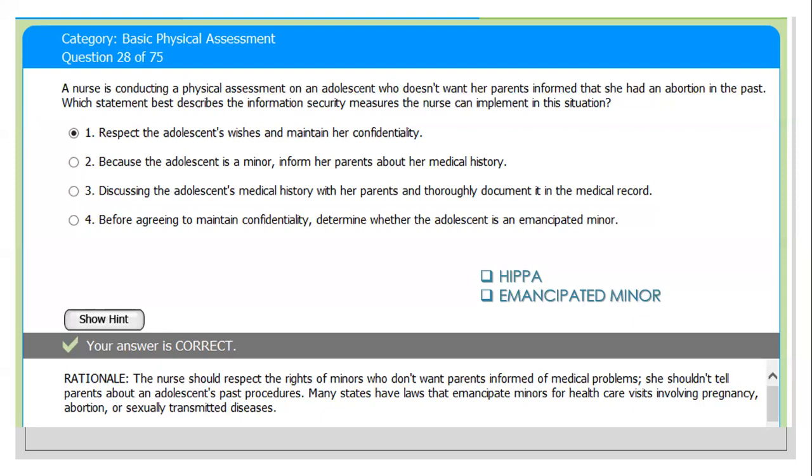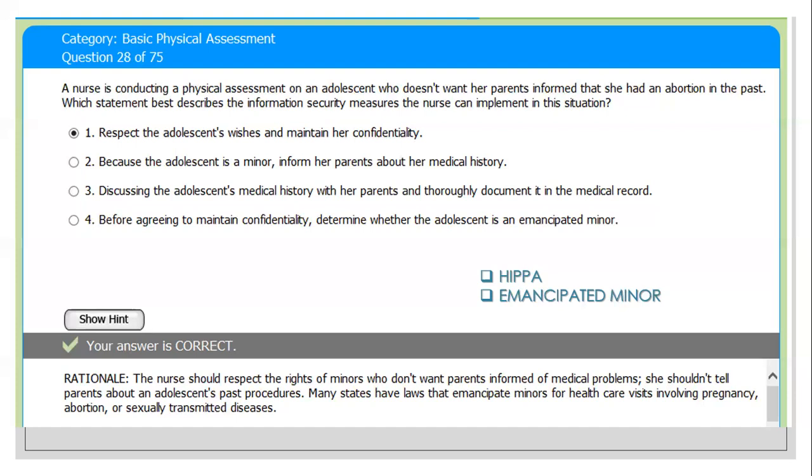So if this girl is pregnant, she is an emancipated minor. She can make the decision on behalf of her choice. If she wants, she can continue the pregnancy, right?